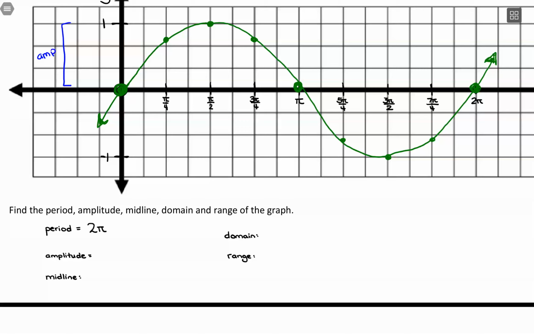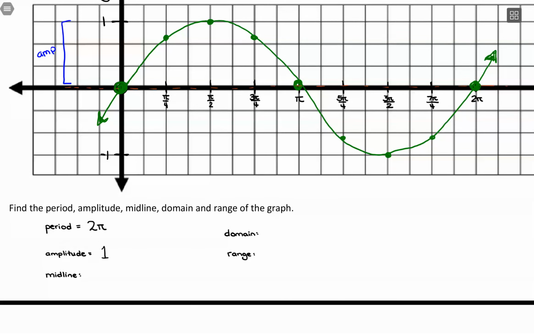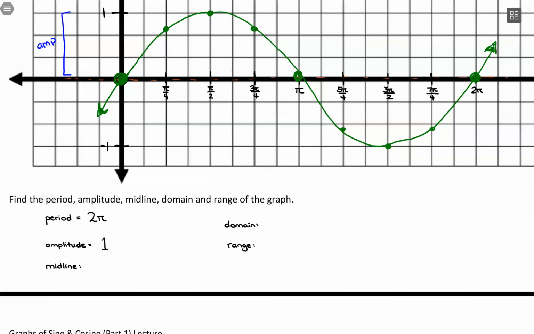So that's going to be 1, which again relates to the radius of our circle, which we know from the unit circle is 1. The midline is this middle piece of our graph here, and that midline is y equals 0. So a horizontal line through 0. Those are the 3 important pieces of our graph.